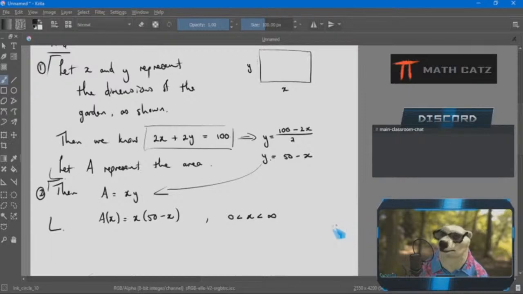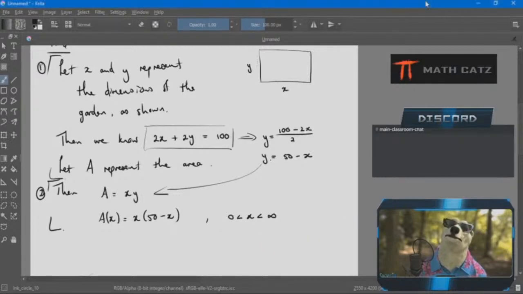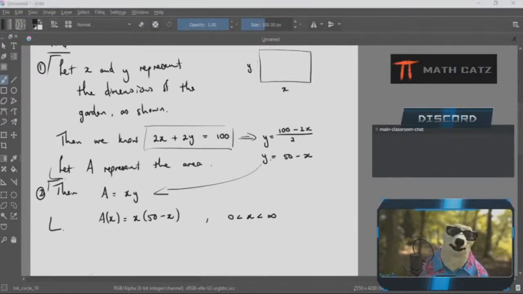And I need to be aware of that, because in some more difficult situations, maybe I get a critical point with a negative x value. That doesn't mean anything to me for this question. So in more complicated functions, that could very easily happen, and I need to be aware which x values are applicable to the question. Okay.